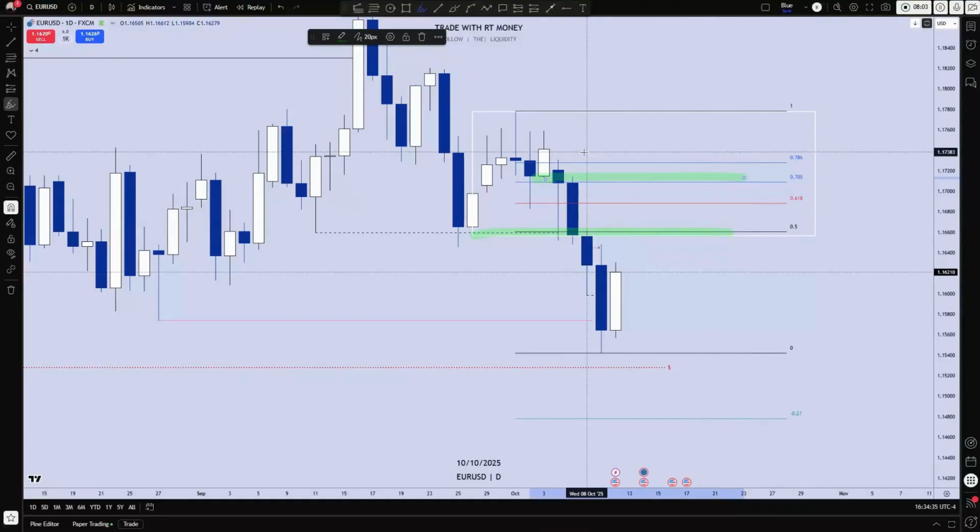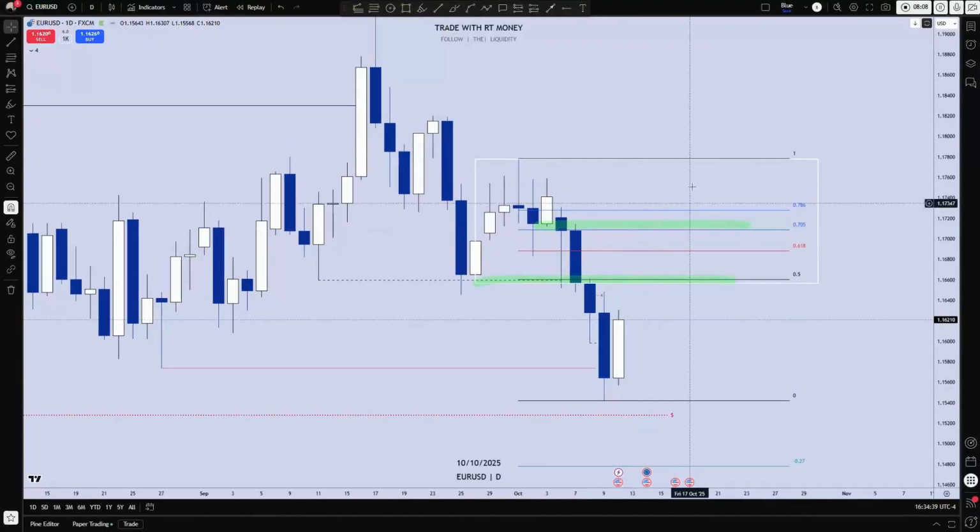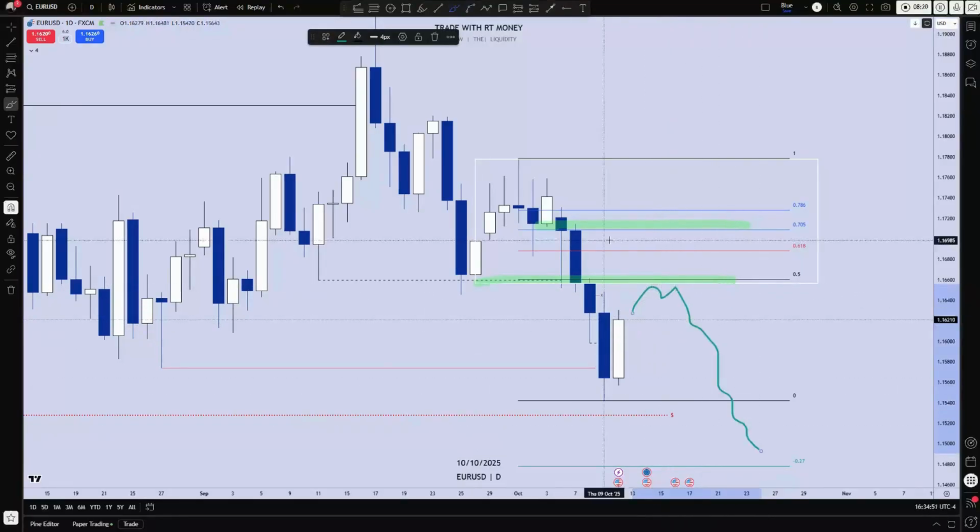So we have two areas, like I showed you on the US dollar index, the mirror image of the euro. I'm looking at two areas where price could find resistance for lower prices. This one being the first one.